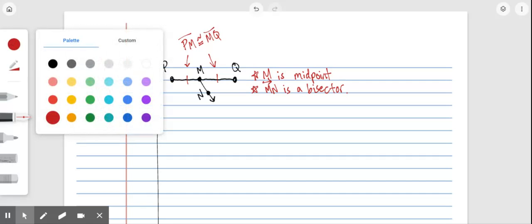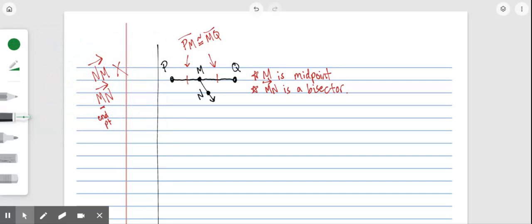All right, so I'm given some information. I know that PM equals 1 7/8 inch. I want to know, what does PQ equal? PQ equals question mark. Okay, so then I'm going to work it through the same way that I did last time. Step 1, since M is a midpoint, I know that PM is congruent to MQ.